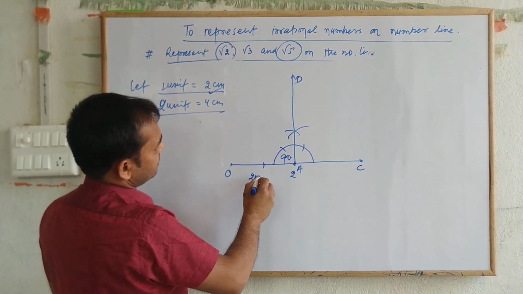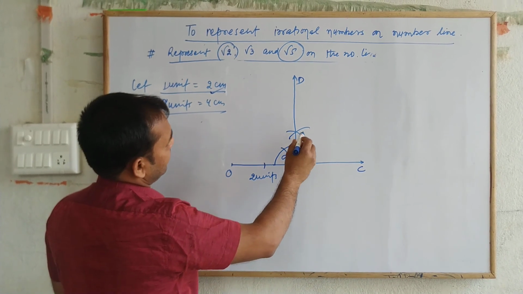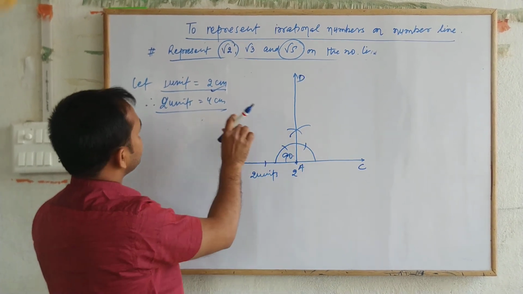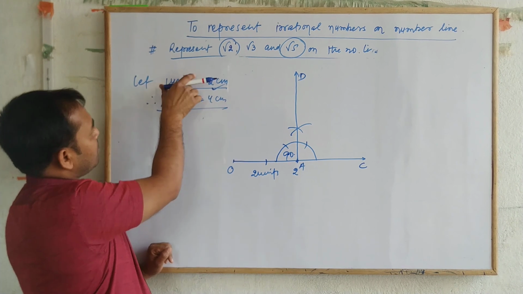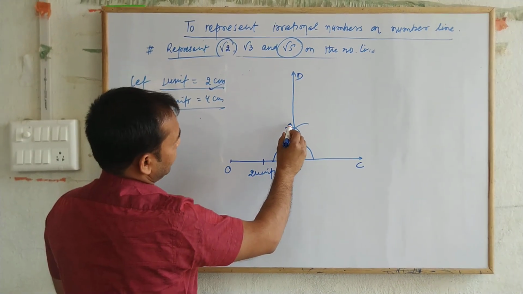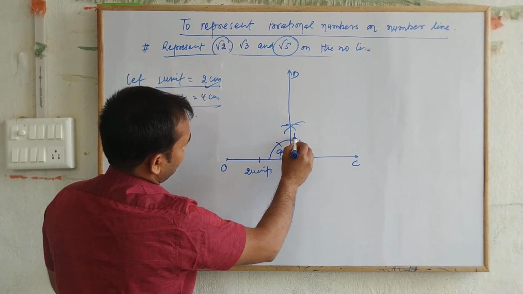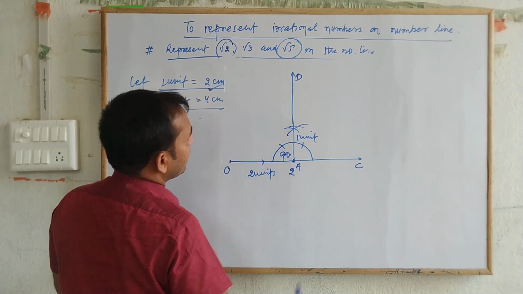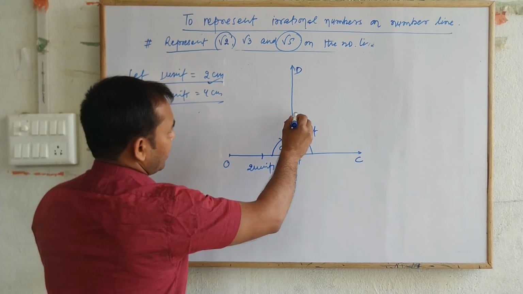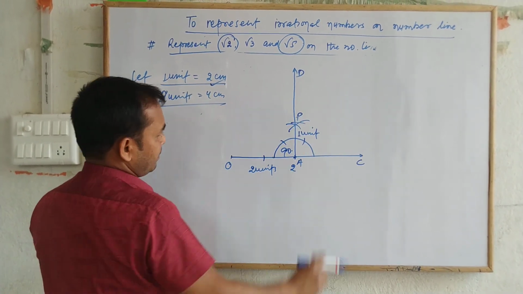Here 2 units. And here with the help of compass, 2 centimeter equal to 1 unit. Here 1 unit, and name this point P.